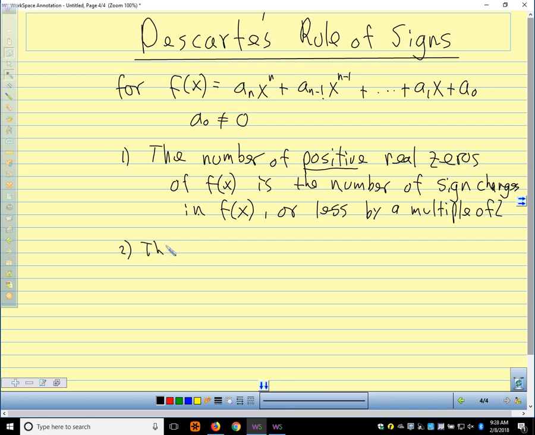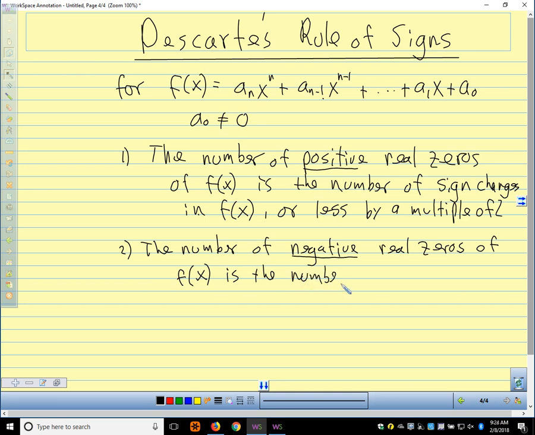Two, the number of negative real zeros of f is the number of sign changes in f of negative x, or less by a multiple of 2.